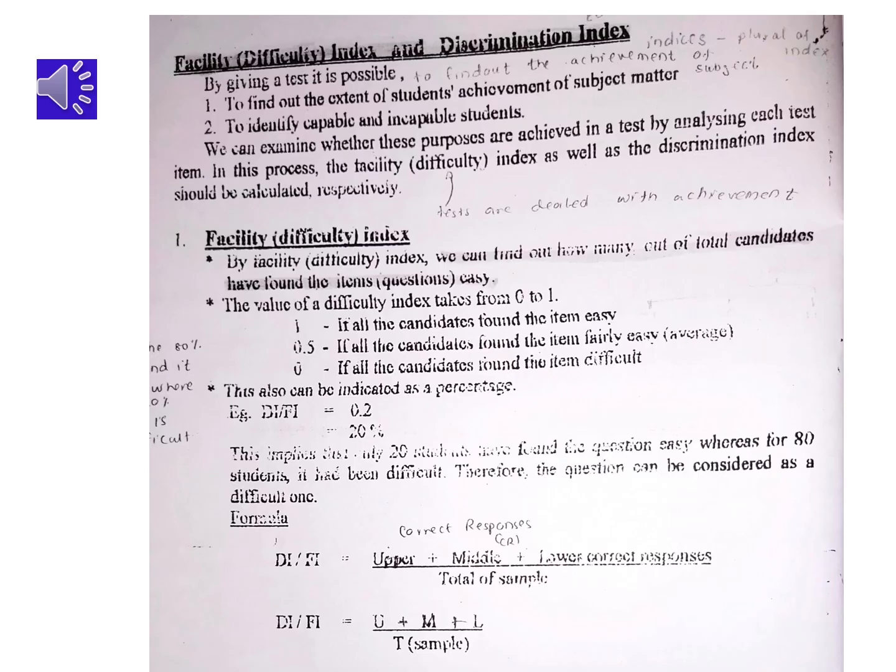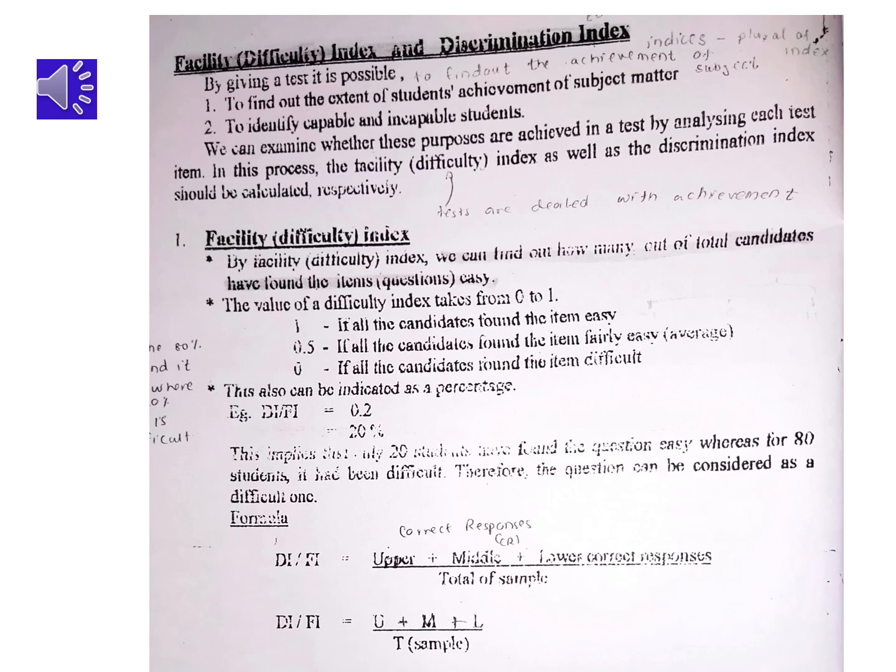Next one, difficulty index. The shortened form, U plus M plus L, then write correct responses divided by total of the sample. Okay, that is facility index.